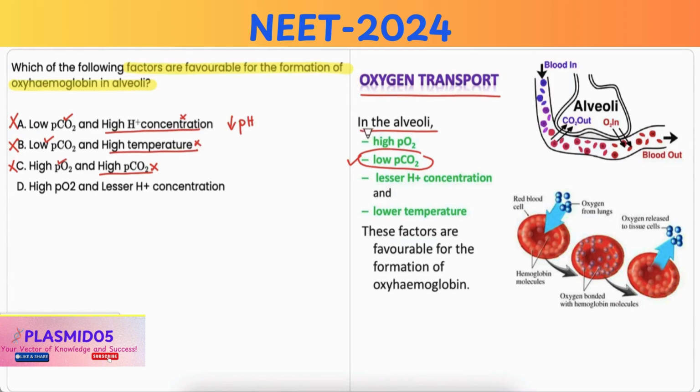Now, in the alveoli, high partial pressure of oxygen is present, and this favors the binding of oxygen to hemoglobin. And lesser hydrogen ion concentration means higher pH, and this also favors the formation of oxyhemoglobin, thus enhancing oxygen uptake in the lungs. Hence, this is the correct option.